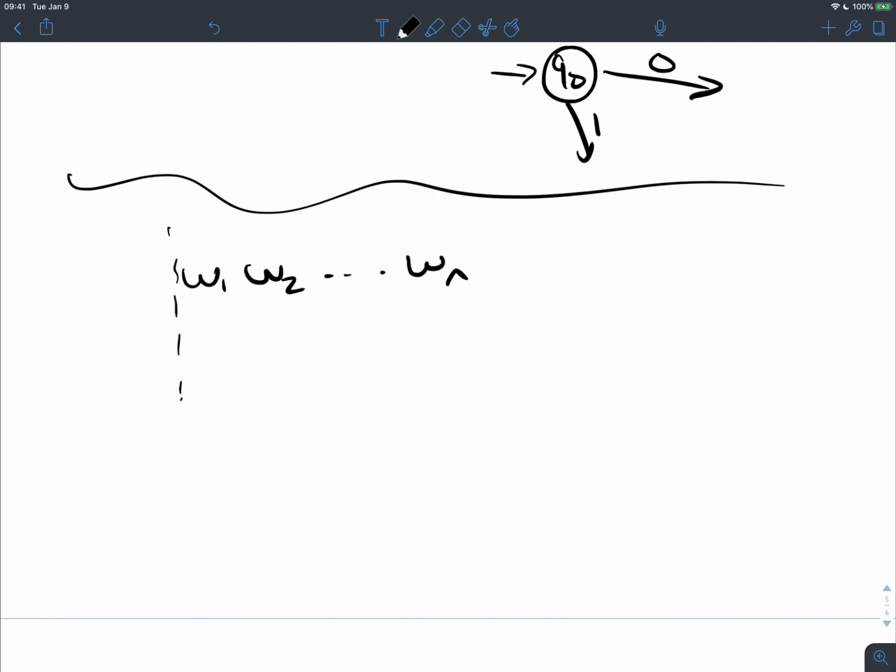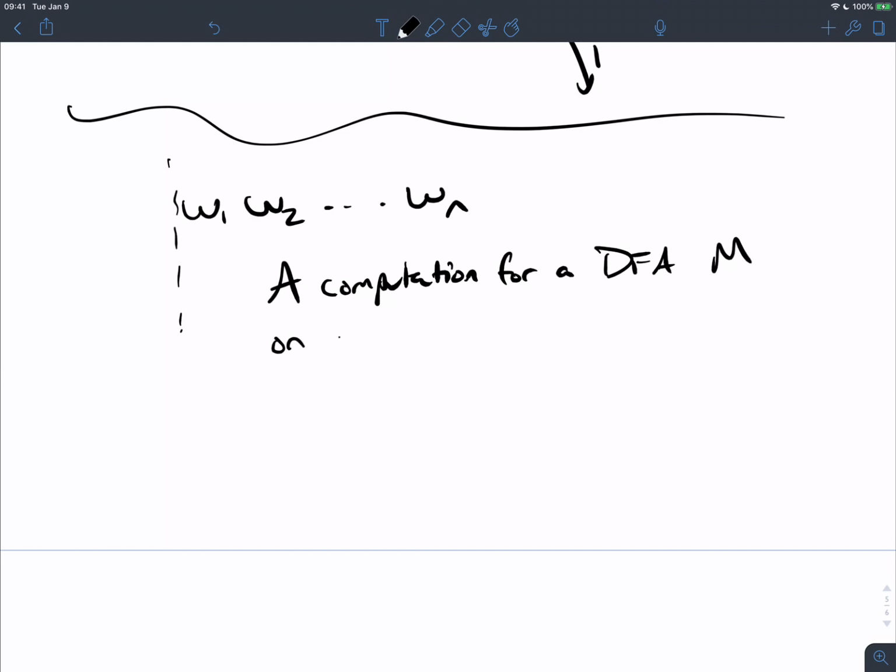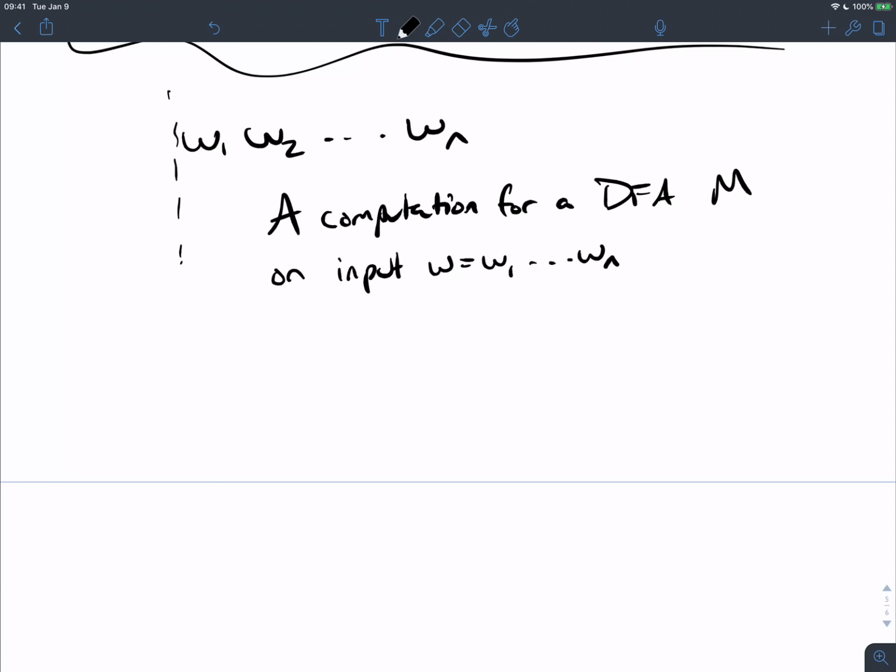So in fact, we can define computation based off of the states that we see along the way. A computation for a DFA M on input w, let's call it w1 through wn like usual, is a sequence not of configurations now, but of states.